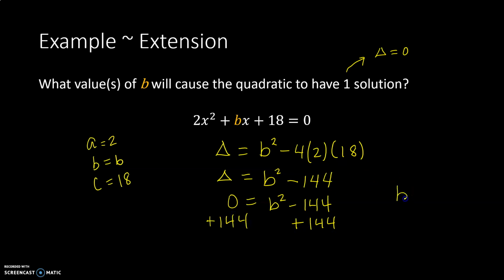And so then we get b squared is equal to 144. To undo the squared, we're going to take a square root, but there are two possible answers because there's positive or negative the square root of 144. There are two numbers that I can square and get exactly 144. One of them is 12 and the other one is negative 12.